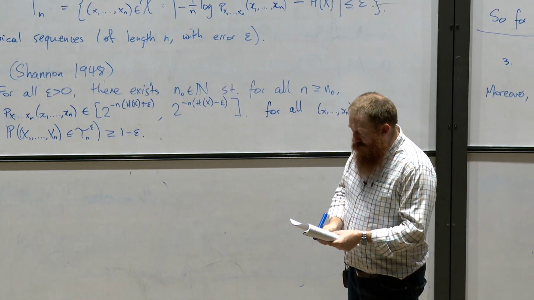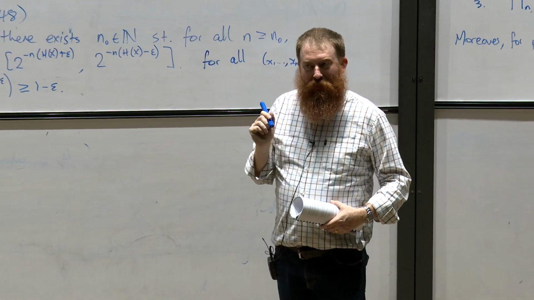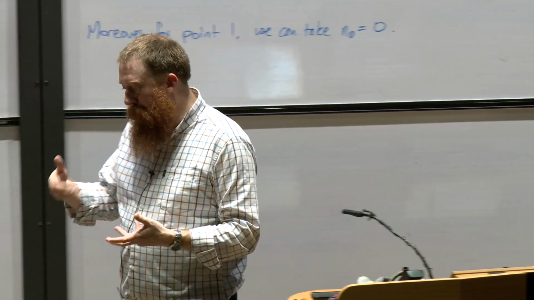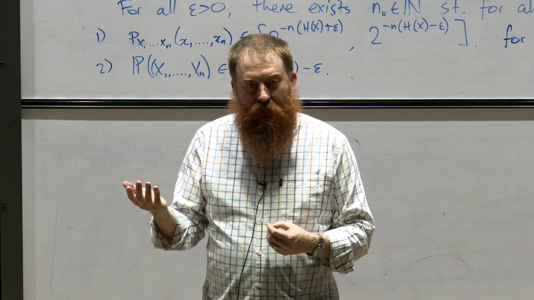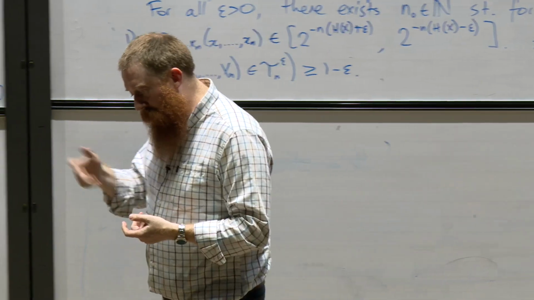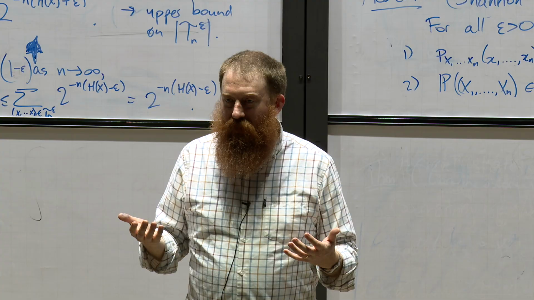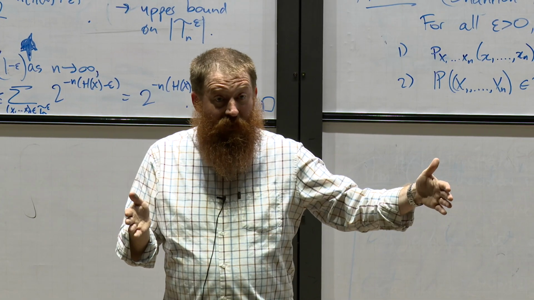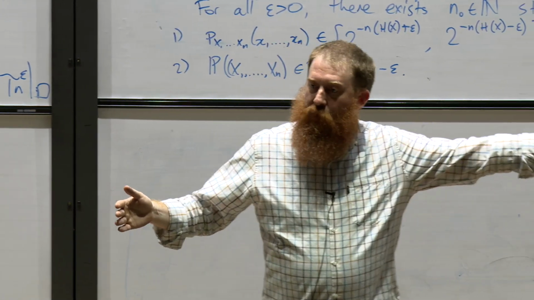It's also not true that the most likely sequence is necessarily typical. If you think about tossing a coin, if I've got a biased coin, heads 60% of the time, tails 40% of the time, and I toss that coin 10 times, the most likely thing to happen is heads, heads, heads, heads, heads. So it's a sequence of heads. And that's true if I throw it 10 times, 100 times, 1,000 times.